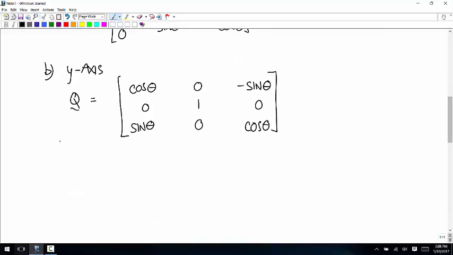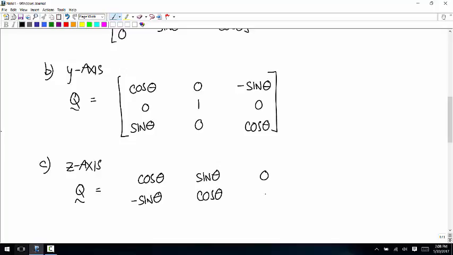And then about the z-axis, the rotation matrix is cosine theta, sine theta, 0; negative sine theta, cosine theta, 0; 0, 0, 1.